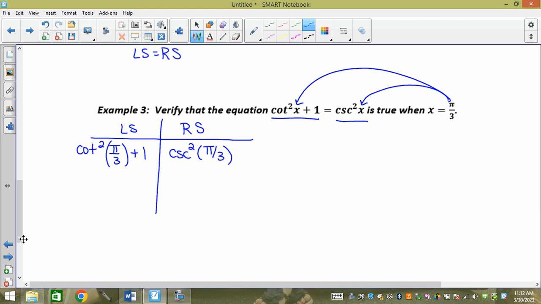Right? So we go off to the side and we find cotan of pi over 3. Cotan of pi over 3 is cos of pi over 3 divided by sine of pi over 3. What is cos at 60 or pi over 3? Yeah. And what's sine at pi over 3?